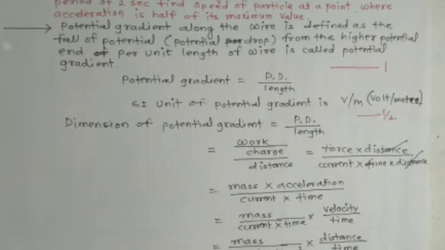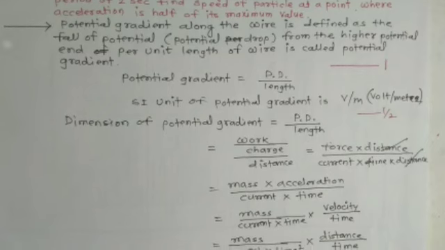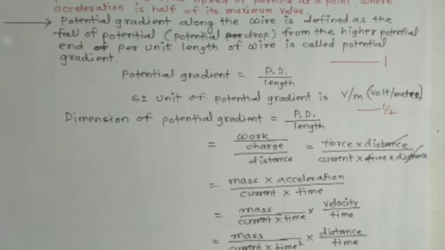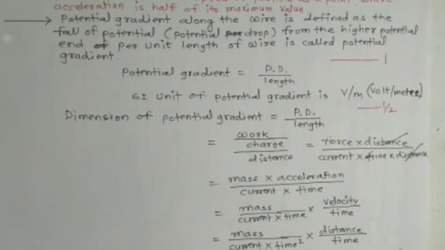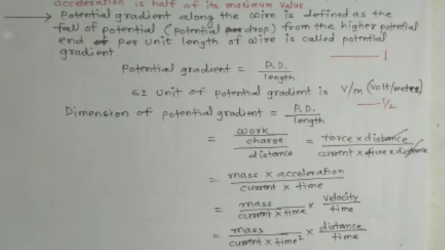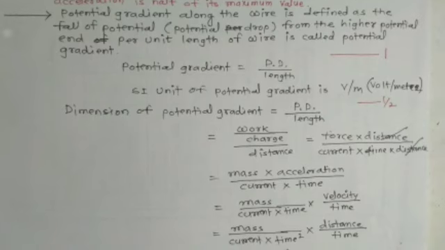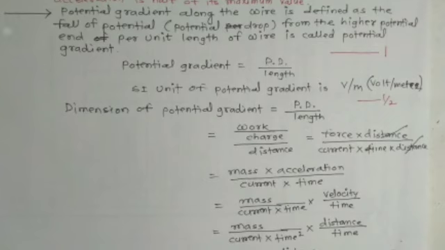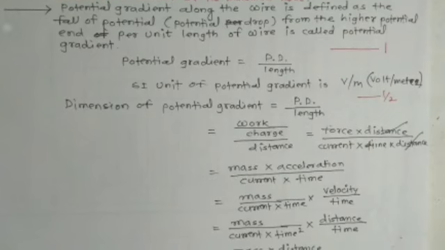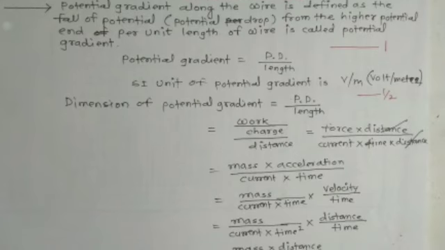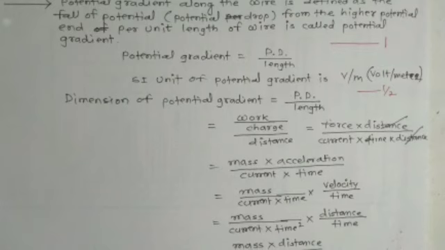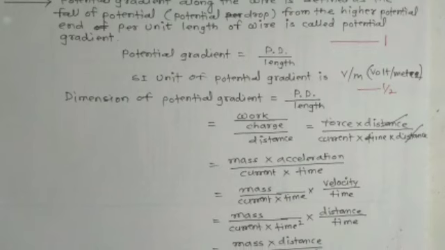Potential gradient is equal to potential difference per unit length. SI unit of potential gradient is volt per meter. Dimension of potential gradient is equal to potential difference upon length. So potential difference is work upon charge upon distance. Work is force into distance, upon charge is current into time, upon distance. So distance gets cancelled.